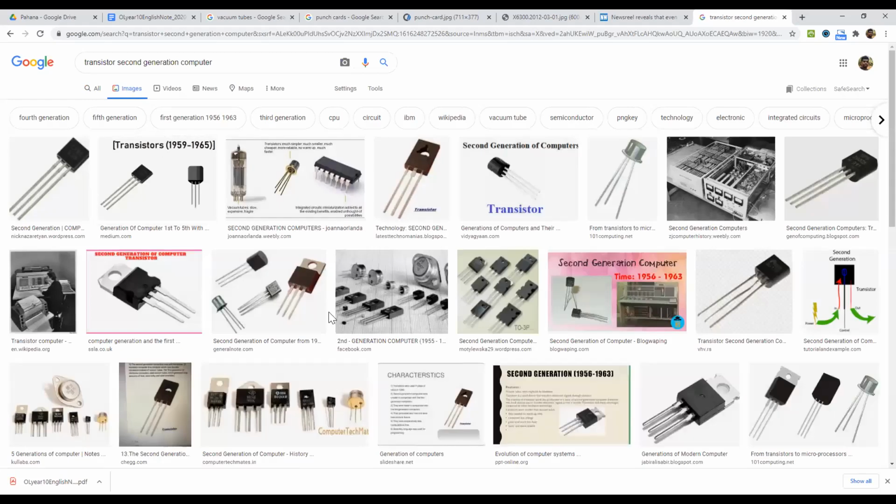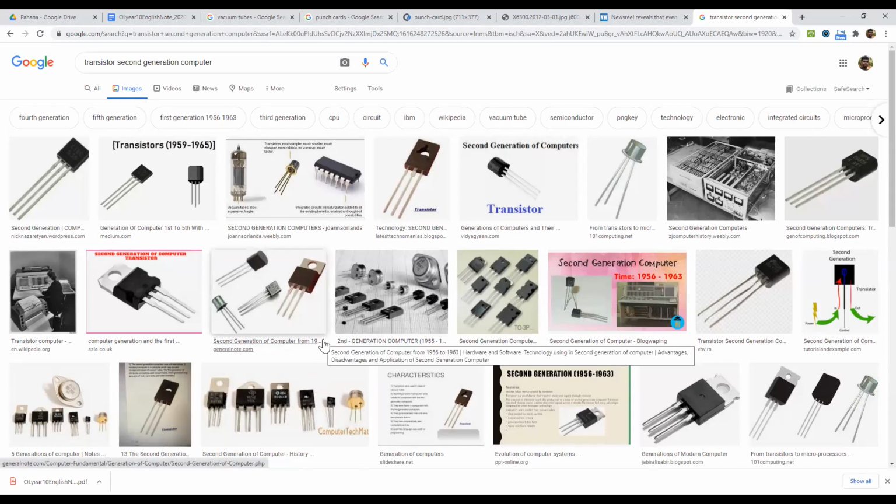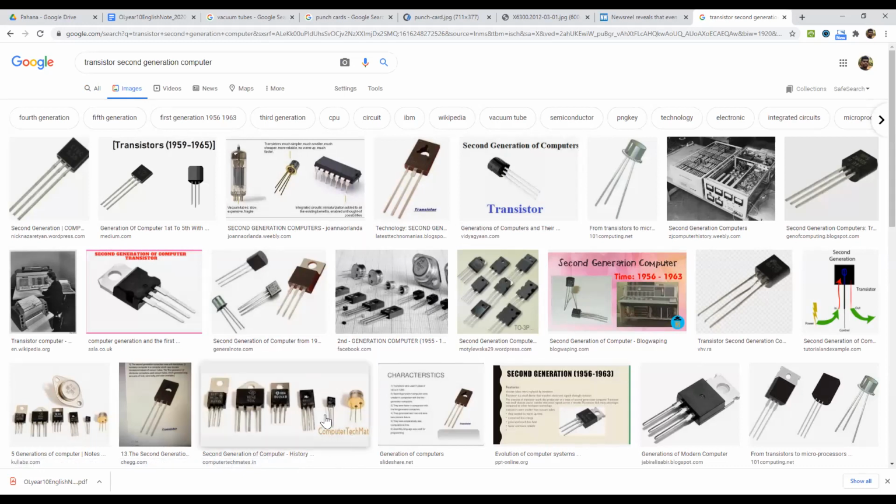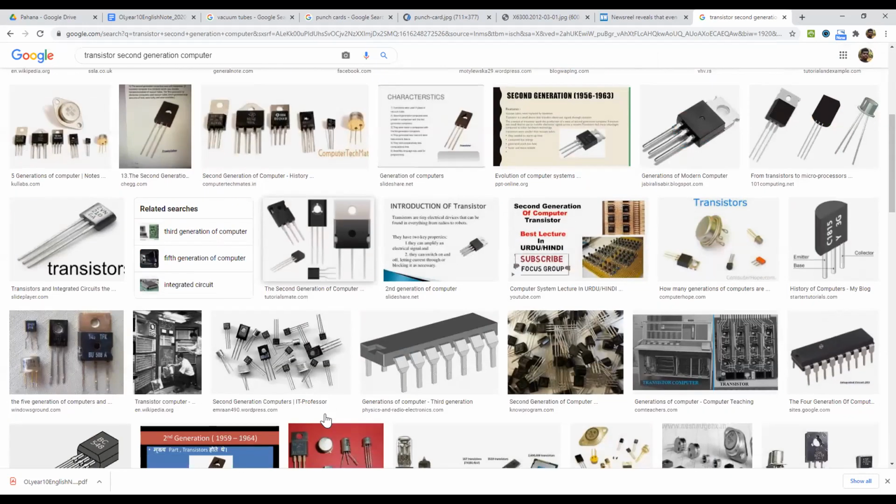Nowadays transistors look like this, but the size was a lot bigger than what you have seen here. It was not very small as such, but this is what it used as the main component, the transistor.